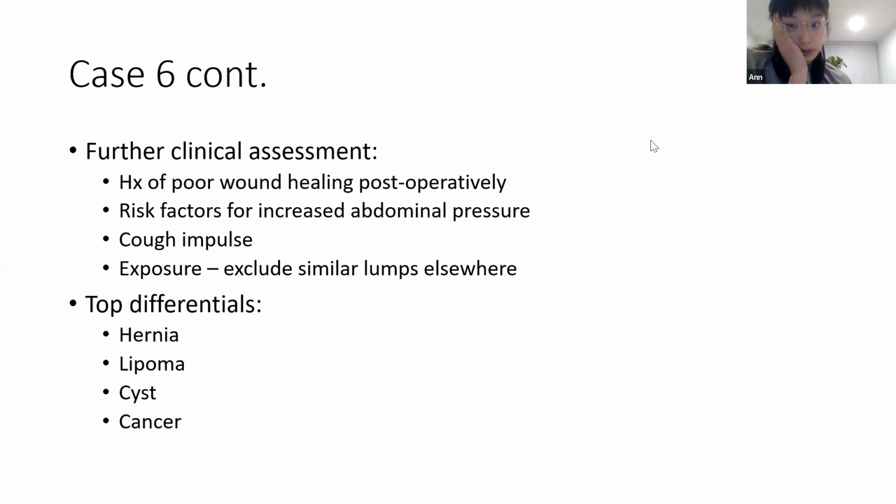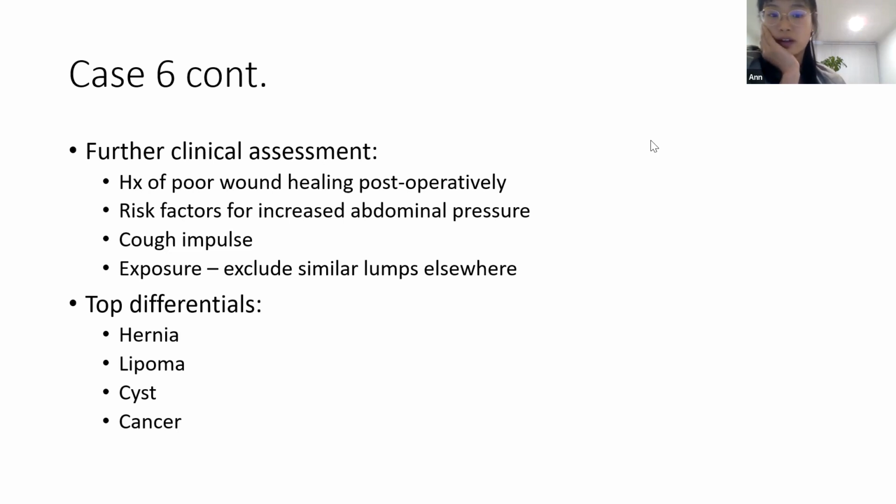So things that you'd want to ask about are risk factors and signs of the hernia. So did she have any issues with wound healing postoperatively? So, you know, some patients might have had infection and then dehiscence and then had a vac dressing for a month or something like that. And then now they've come back with this painful lump.